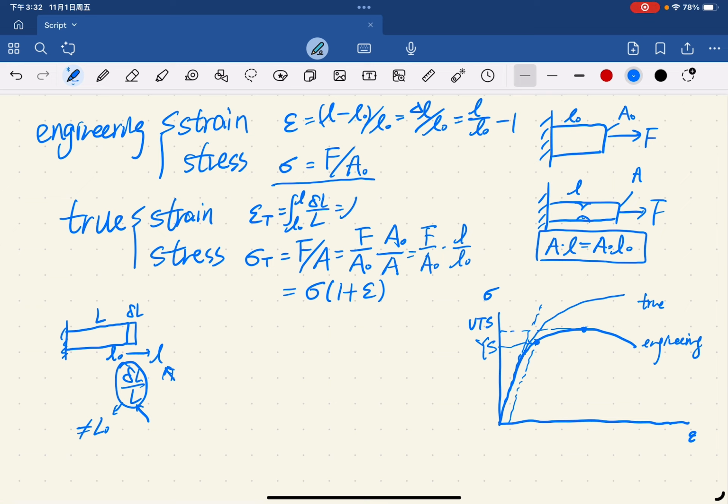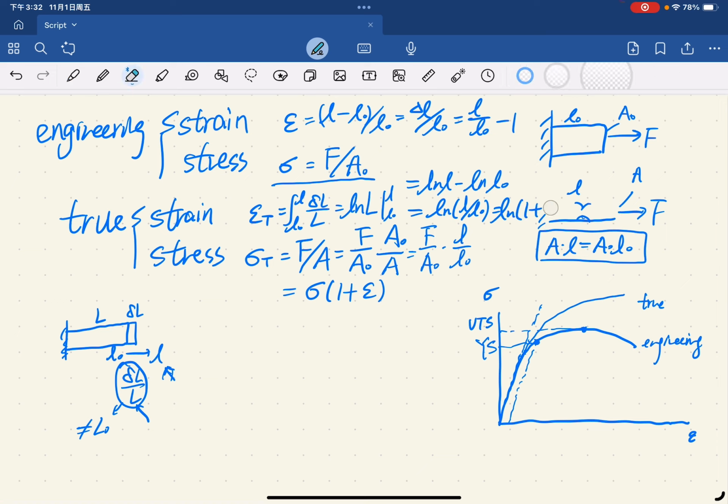This equals ln L from L0 to L, which equals ln L minus ln L0, equals ln of L divided by L0, which equals ln of 1 plus epsilon. Yes, 1 plus epsilon. Please ignore it.